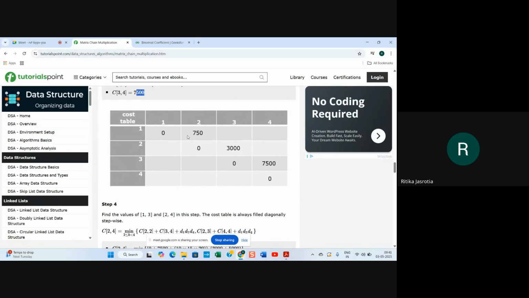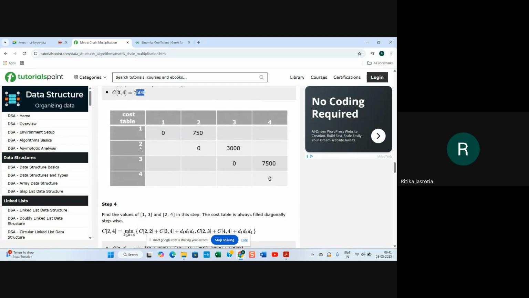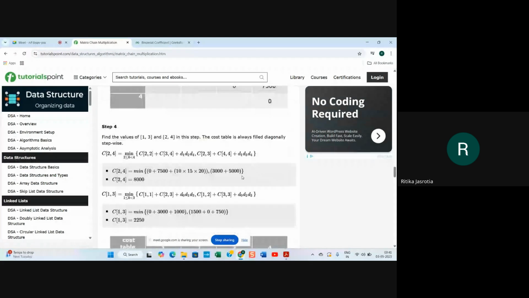So we have found these values where i is less than j. Now find the values 1 3 and 2 4 in this step. The cost table is always filled diagonally, stepwise. Now you are finding 2 4 and 1 3, which are also smaller, i is smaller than j.